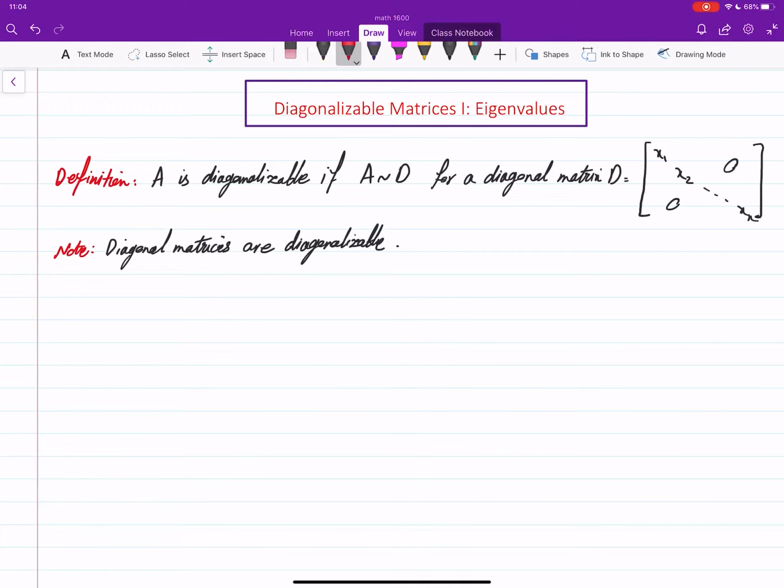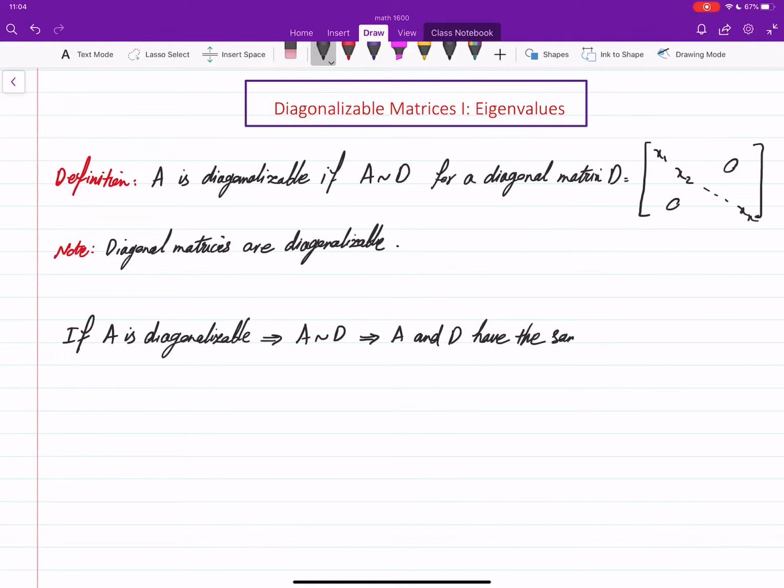Well, see that if A is diagonalizable, it means that there is a diagonal matrix like D such that A is similar to D, yes? But that means that A and D have the same eigenvalues. Very nice.